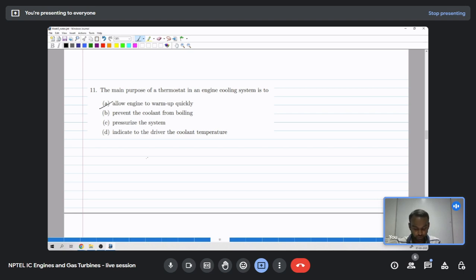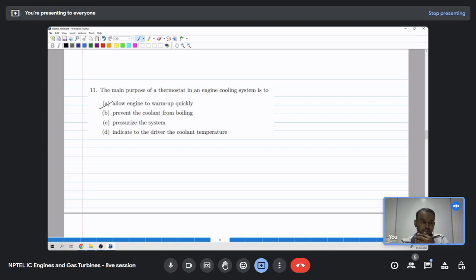So when you have an engine radiator system, this thermostat will allow the flow to the radiator only when the temperature goes beyond a certain limit. Because of this, it will prevent the cooling effect before the set temperature is reached.